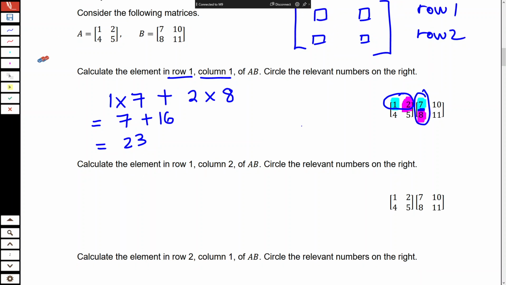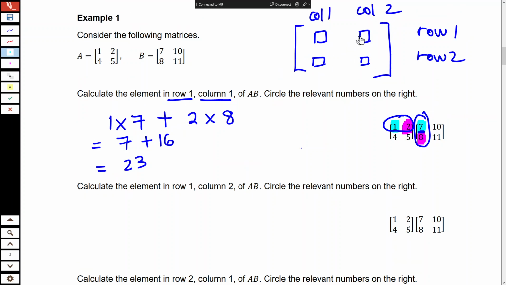Okay. Now we're going to look at the number in row 1, column 2. So far, I've only calculated 1 out of 4 numbers in my final matrix when I multiply A times B. This time, I will use row 1 in the first matrix and column 2 in the second matrix.